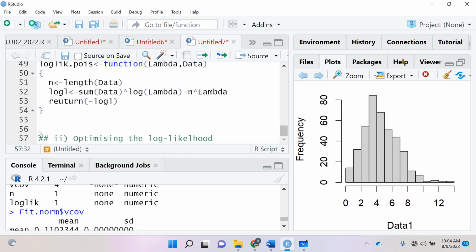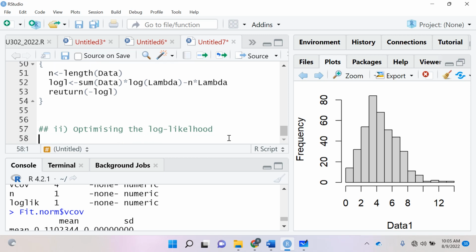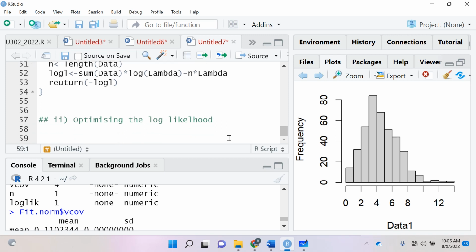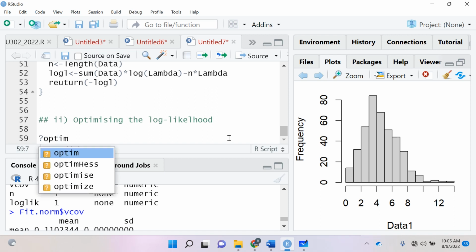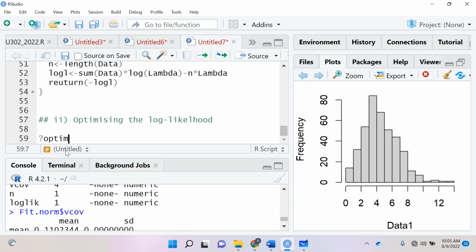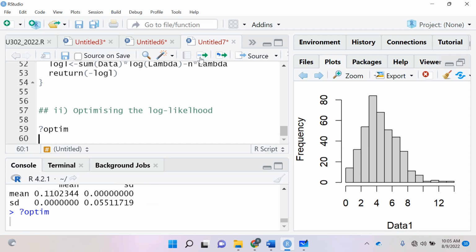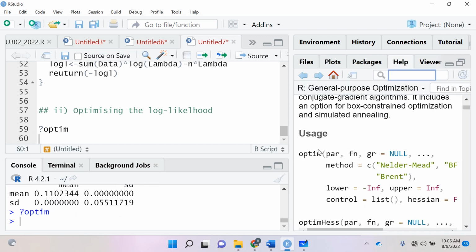Now, how will this be done? To do this, we have to call an optimization function. The easiest and most widely used one is optim. Remember, even the inbuilt functions use optim. So optim is like this.